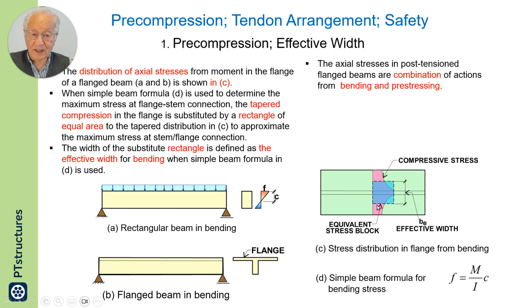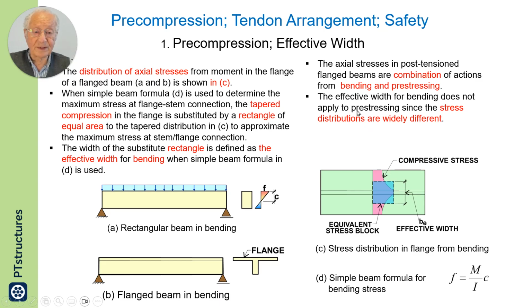When you have post-tensioning, the stress is from bending and axial. We have two sources. The effective width for bending doesn't apply to prestressing since stress distributions are widely different. So this scenario doesn't apply to post-tensioning.